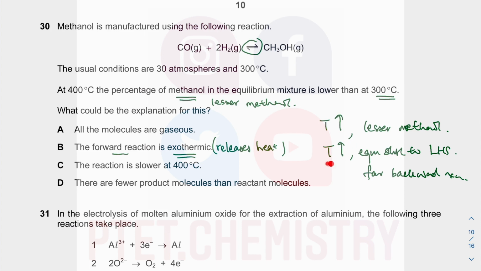It will try to decrease the temperature by releasing less heat. It will favor the left, which is the backward reaction, and therefore it will give you lesser methanol. So I was correct in my hunch that we should be checking whether the forward reaction is exo or endo, and then discussing the temperature effect on the equilibrium position.